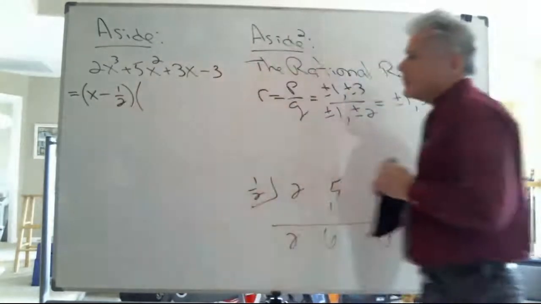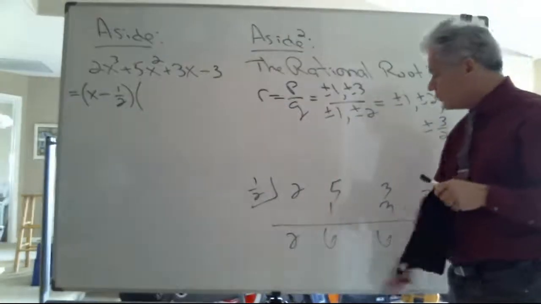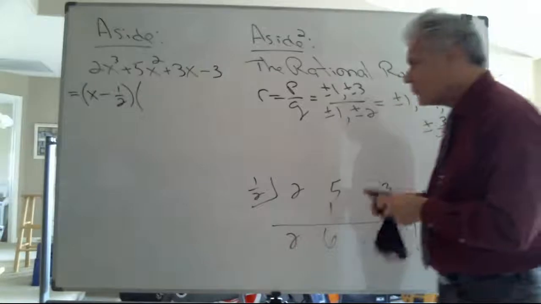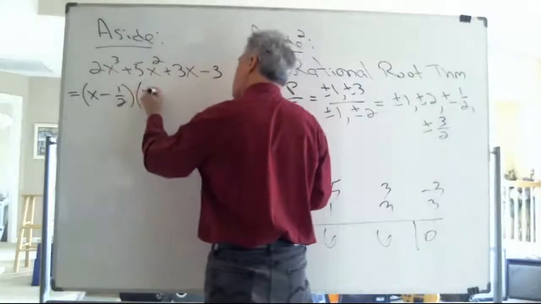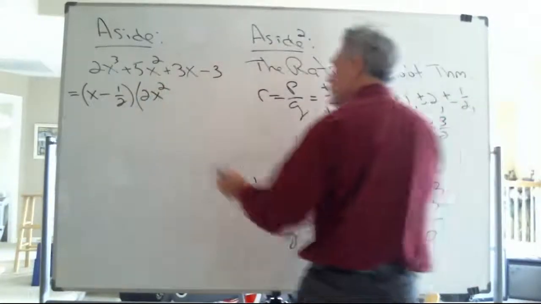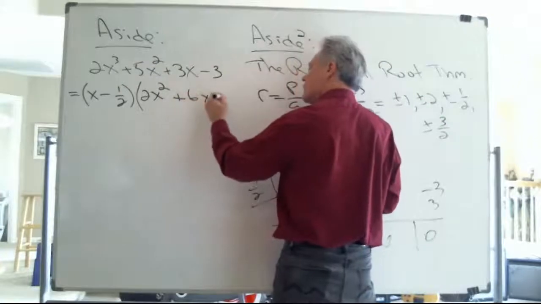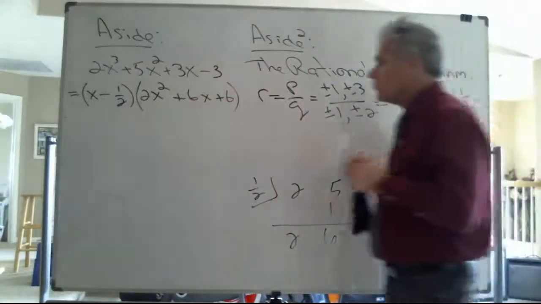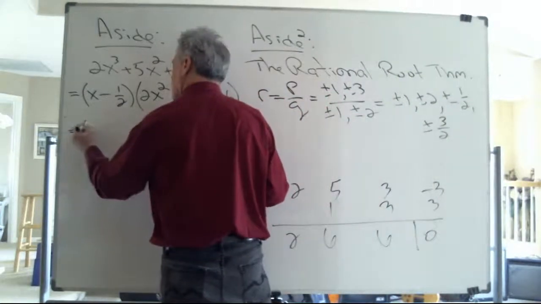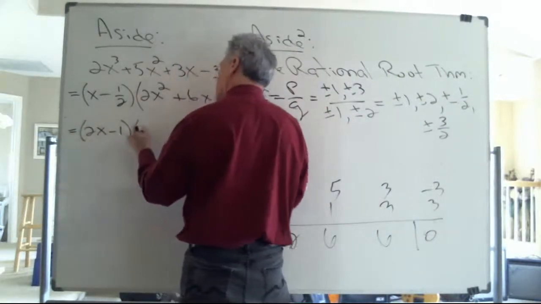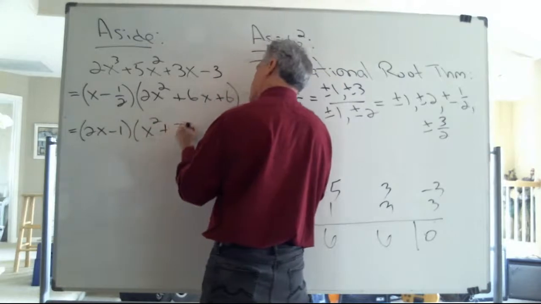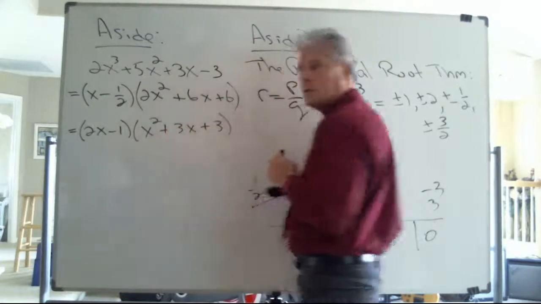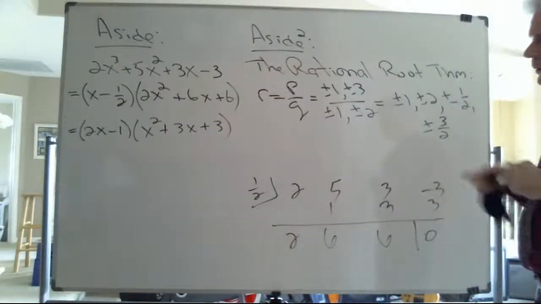The quotient obtained upon performing polynomial division has coefficients down here. I can even do better. So let me bring that back.